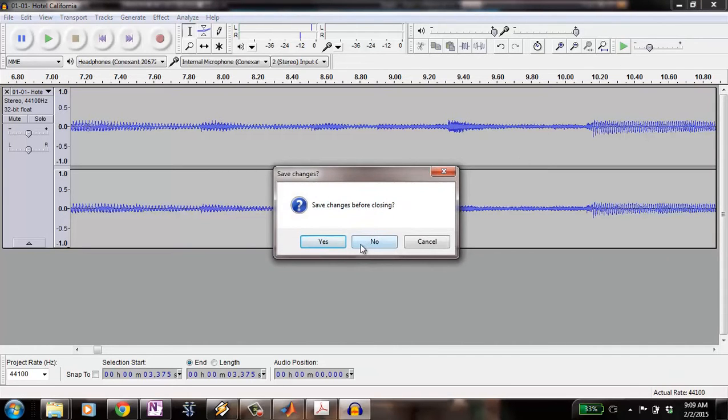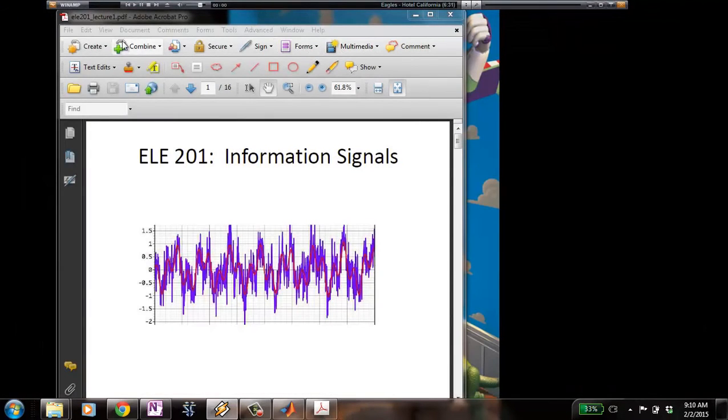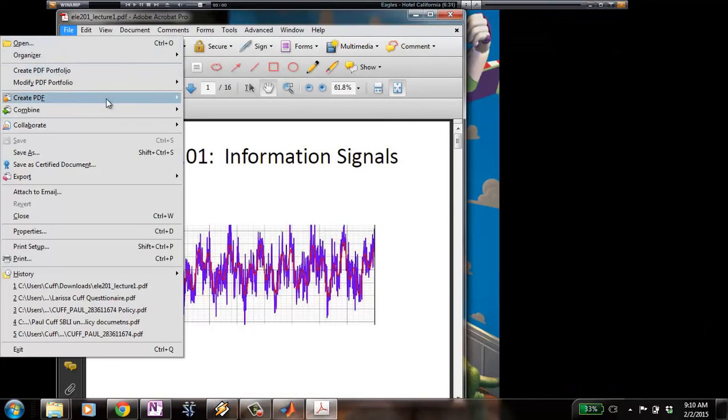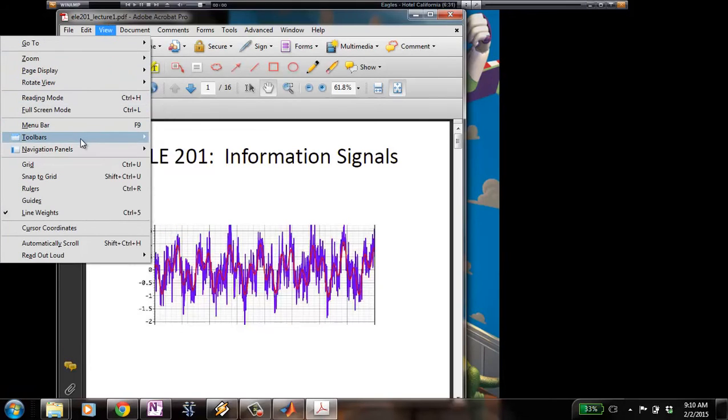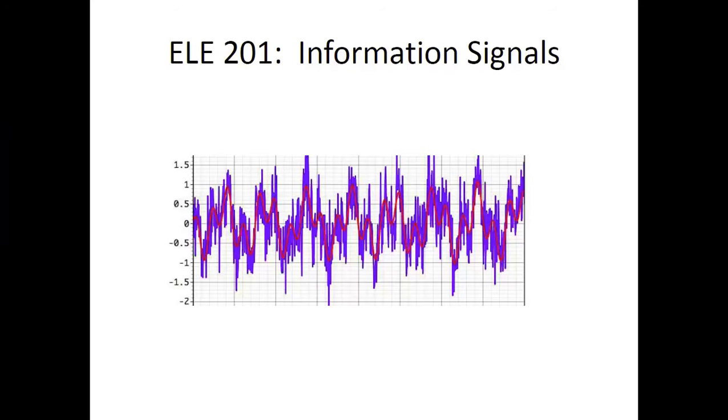Let's talk a little bit about some examples of signals right now. Okay, so a signal really is very broad. It could be anything. We're not really limiting what we call a signal, but generally it's a sequence of numbers, in which case we call that a discrete time signal.